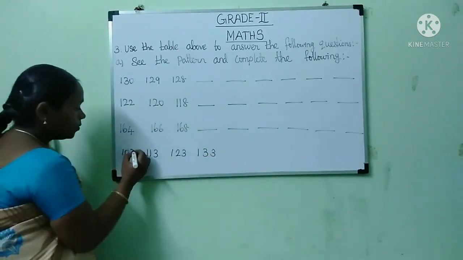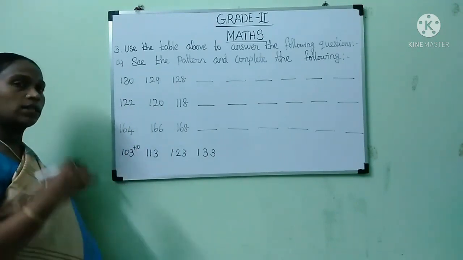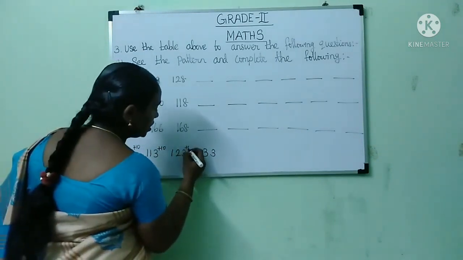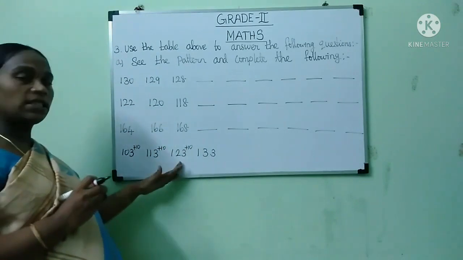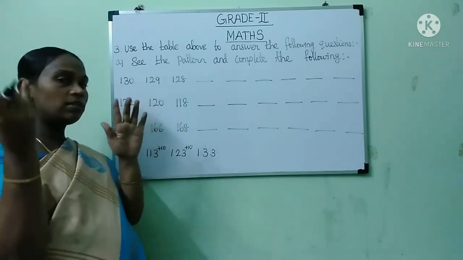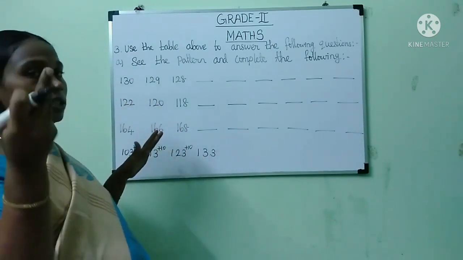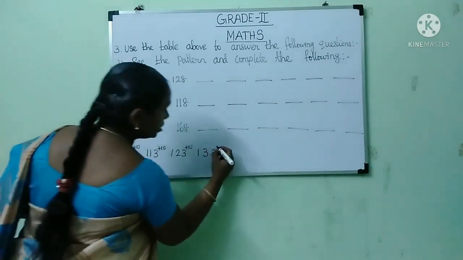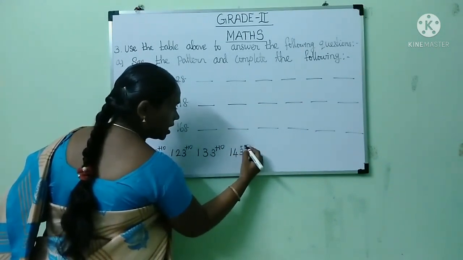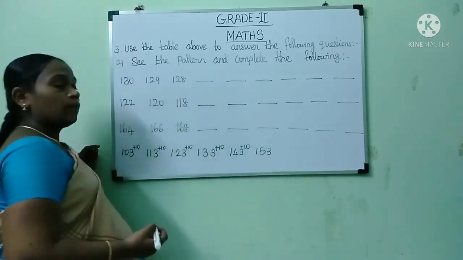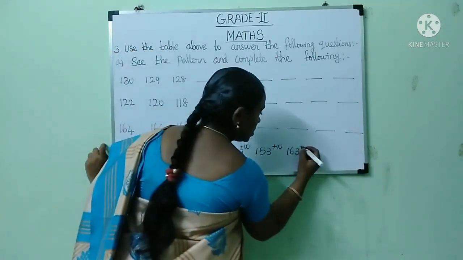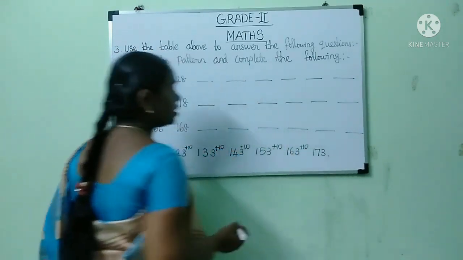This is tens counting. Let's add 103 plus 10, 113. 113 plus 10, 123. 123 plus 10: 23 plus 10, 24, 25, 26, 27, 28, 29, 30, so 133. 133 plus 10, 143. 143 plus 10, 153. 153 plus 10, 163. 163 plus 10, 173.